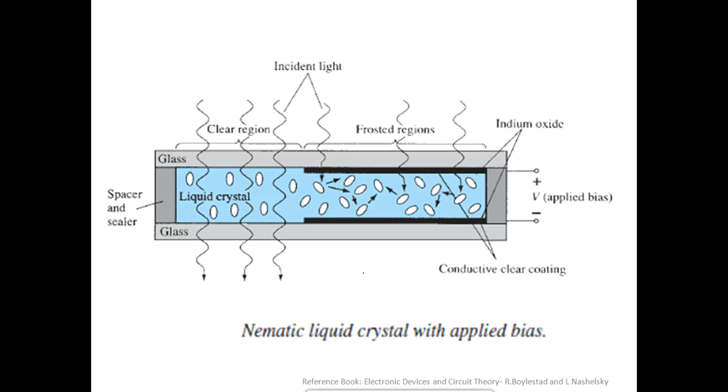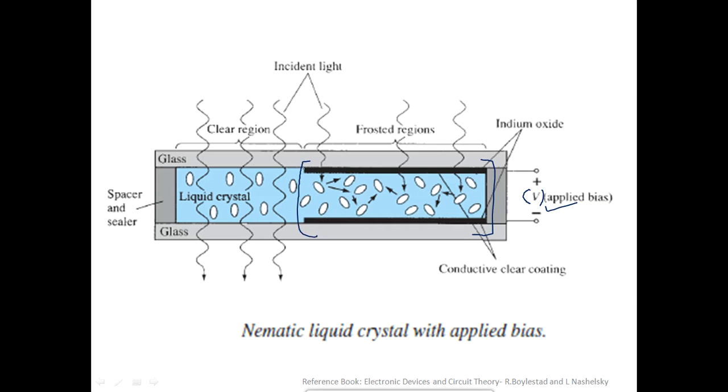What happens when we apply external bias? Please observe within the structure, whenever external voltage is being applied, an electric field gets established only within this region. Why?